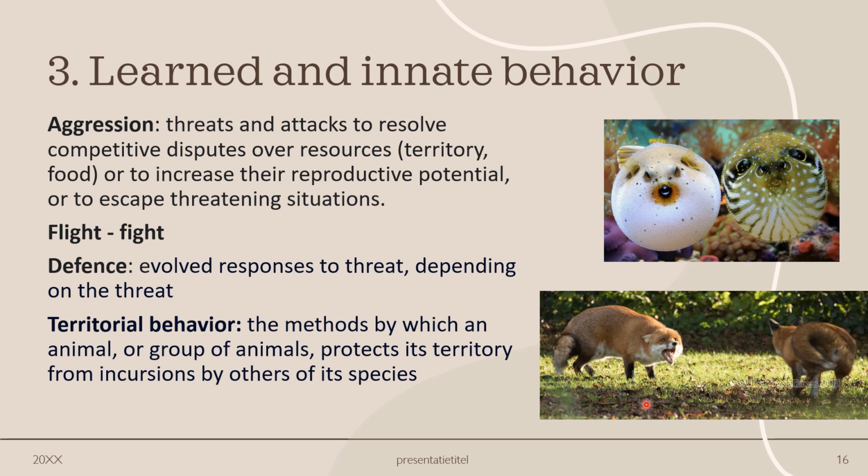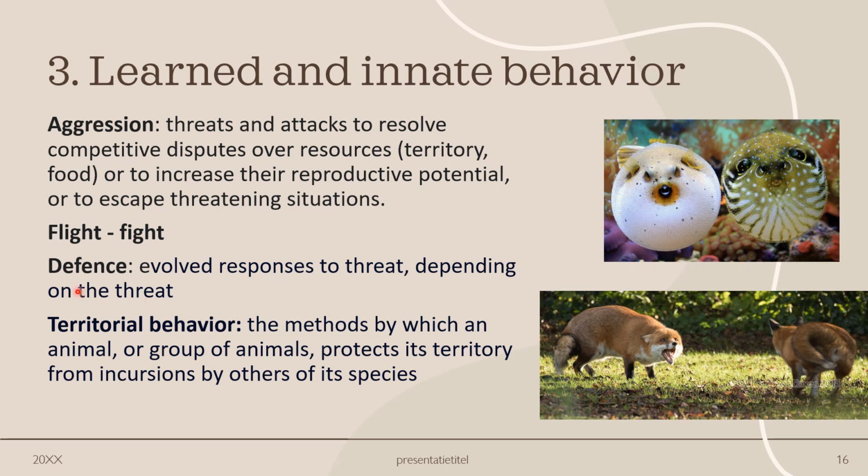The foxes have their own territory, but if someone else enters this territory, they need methods to protect it, and most of the time this territorial behavior acts on aggression. So that's what you see here. This fox is in dispute over his territory and wants to defend it.